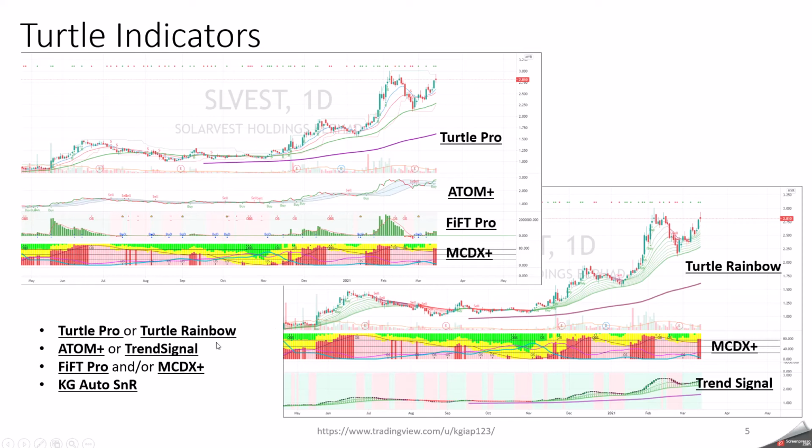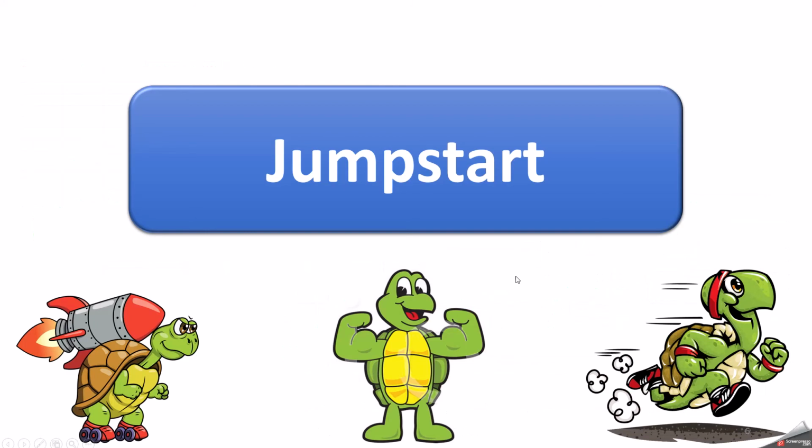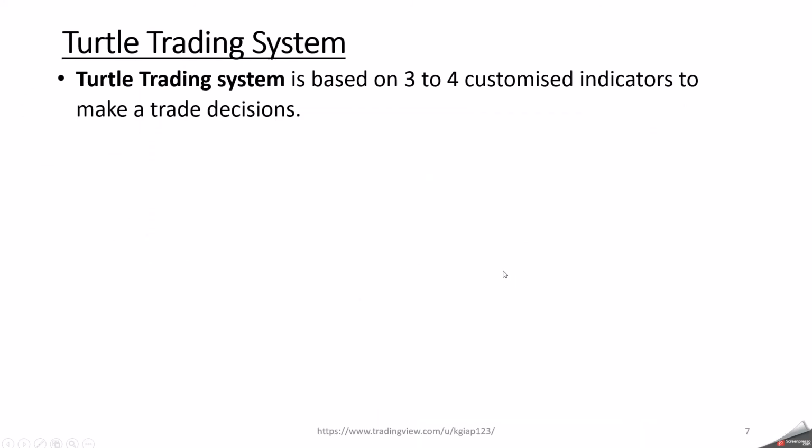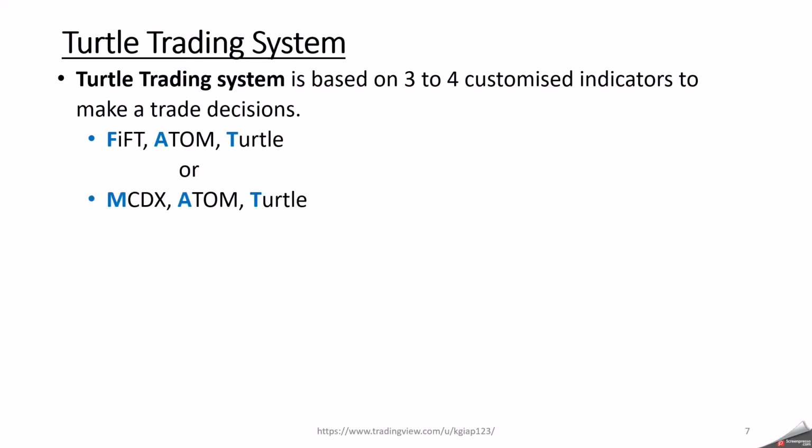Okay. So let's go in detail how to use or how to interpret all these indicators, which is a jump start, right? So the Turtle trading system is based on 3 to 4 customized indicators to make a trade decision. Okay, so we have Fifth, Atom, and Turtle as one combination, or you can use MCDX, Atom, and Turtle as another combination, or you can use Turtle, Atom, and Fifth plus MCDX over here, which is all 4.